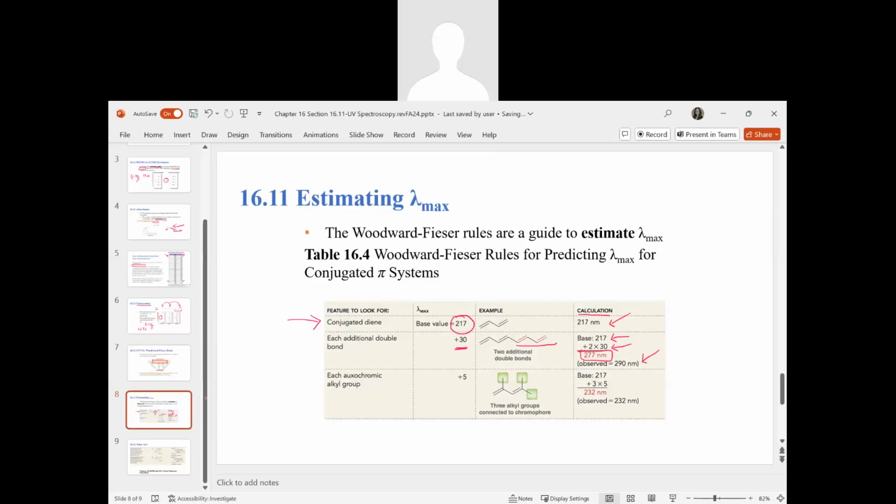Then we could use, say, this compound here. We have our butadiene as our base value, so that 217. And then we have 3 of those auxochromic alkyl groups, so these 3 that are highlighted in green. We're going to add plus 5 per each of these groups. So 3 times 5, 217 plus 15 gives us 232, and that estimate is dead on. The observed matches the predicted exactly.